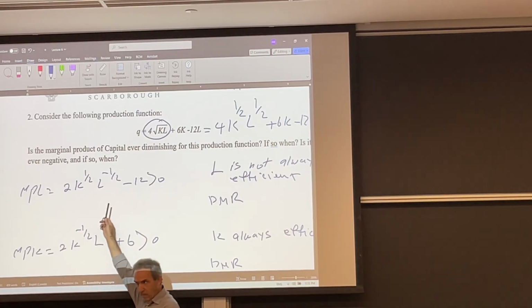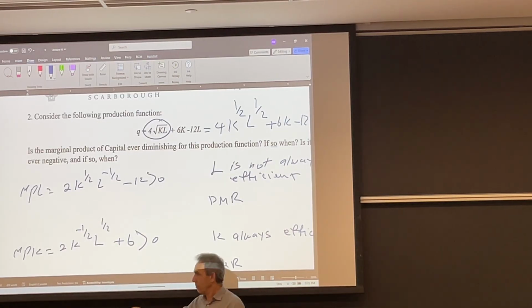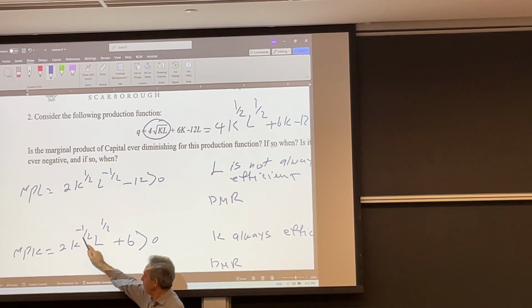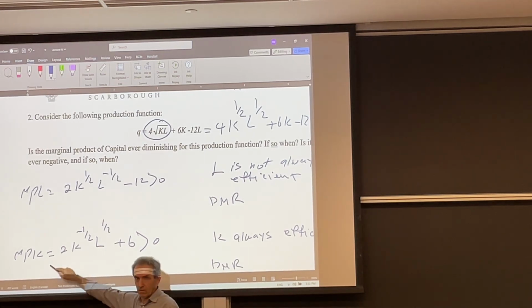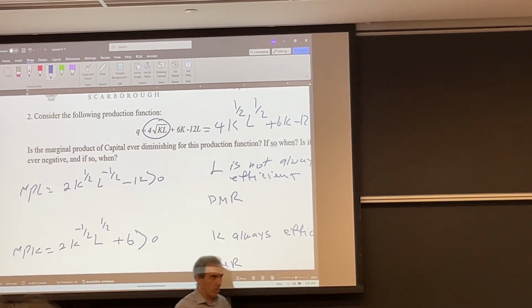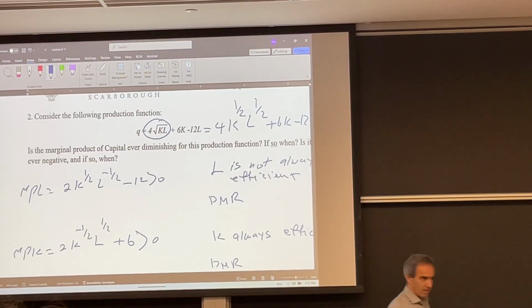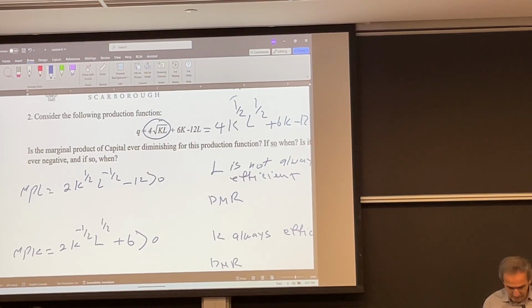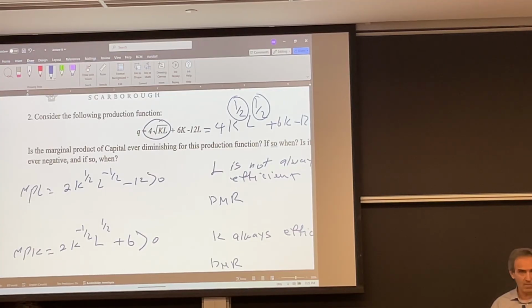It falls, because the power is negative. That's DMR. If you increase K, what happens to this one? It falls. So DMR holds with regard to both, as long as the power is less than 1, which we already established. DMR holds. It's less than 1. I know before solving it. DMR holds because the second derivative becomes negative.